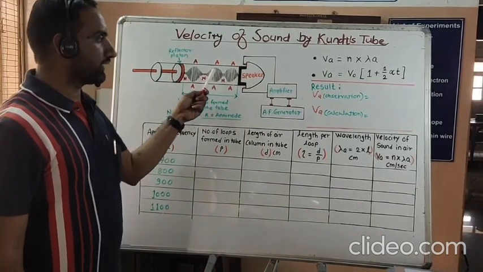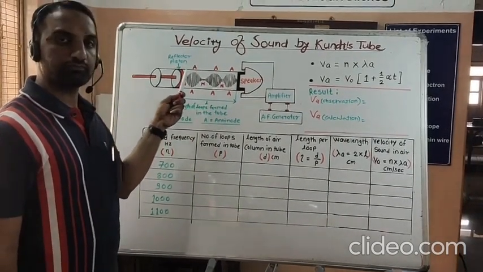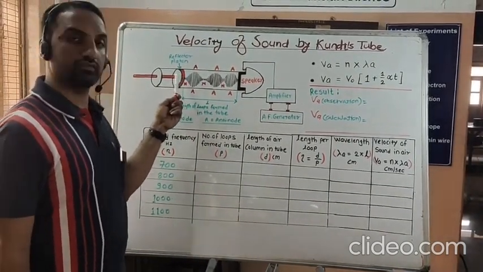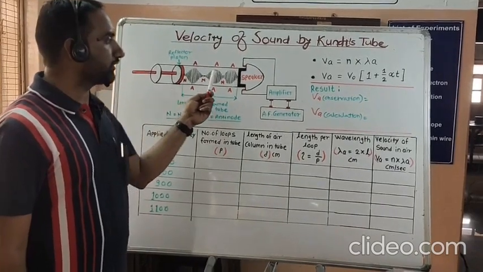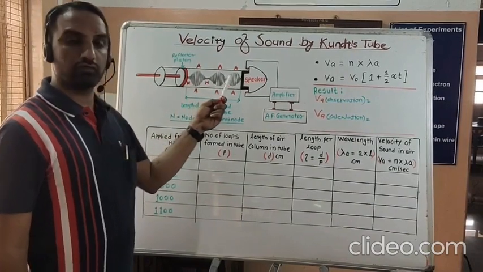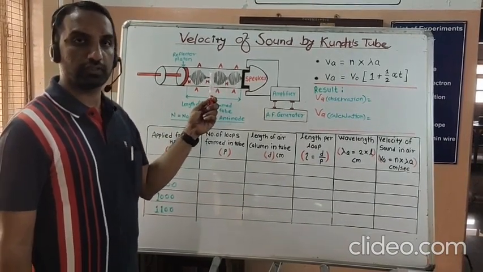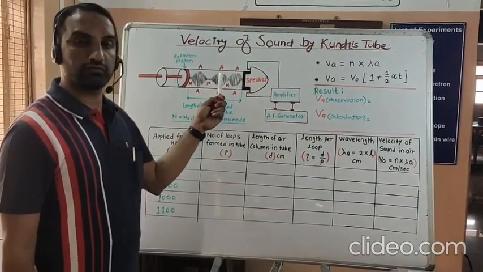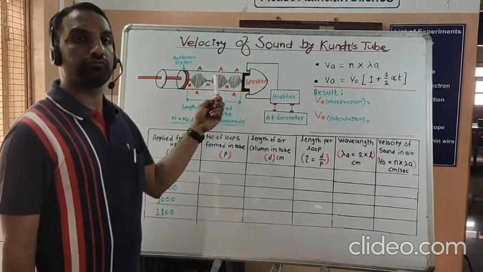Sound waves propagate through the glass tube, hit the wall of the piston, and reflect back into the same medium. Incident sound waves and reflected sound waves interfere with each other, and because of this interference, a new kind of wave is formed.